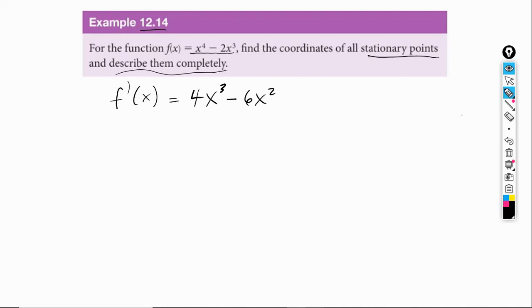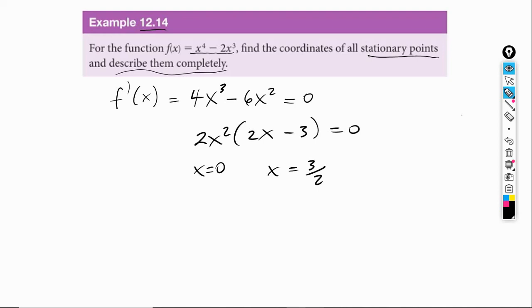Then we need to find the stationary points, so equal this to 0 and factor. Here we can factor 2x squared, and that's going to equal 2x minus 3. Therefore, the stationary points are where x equals 0 and where x equals 3/2.